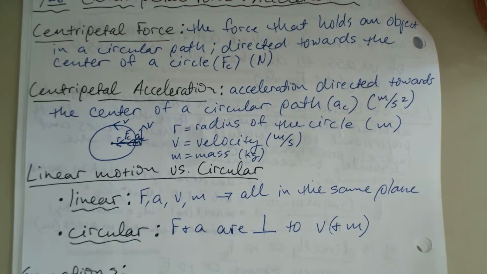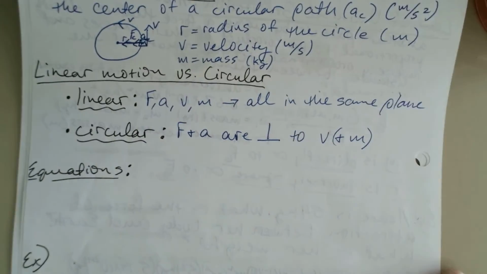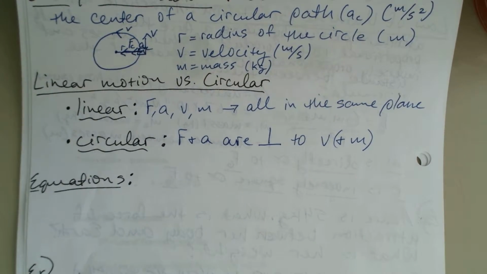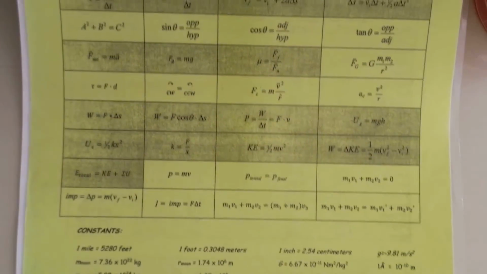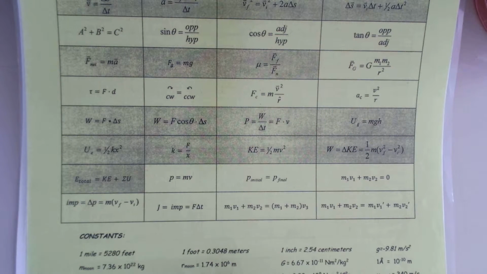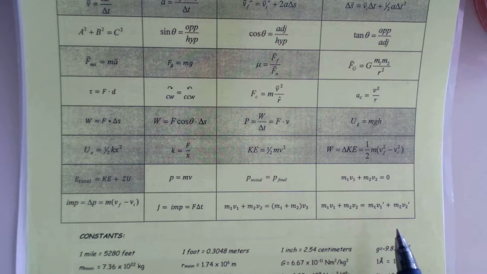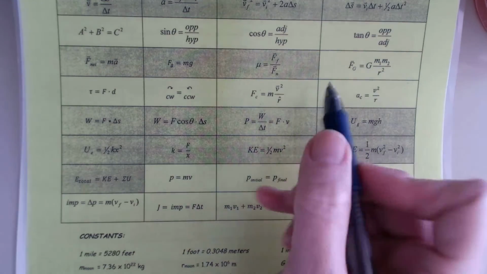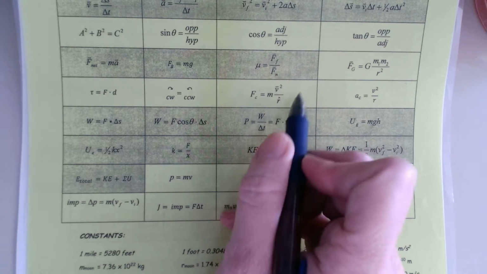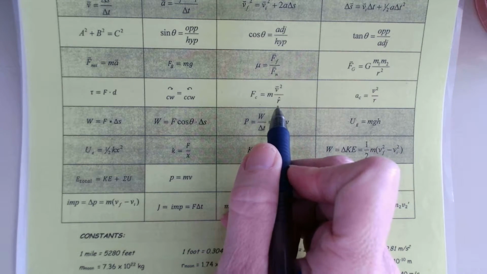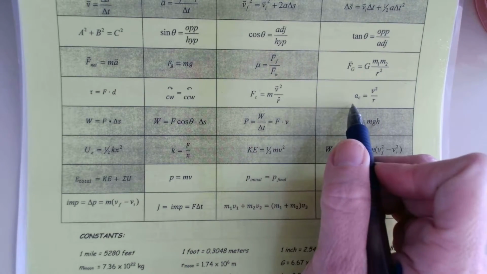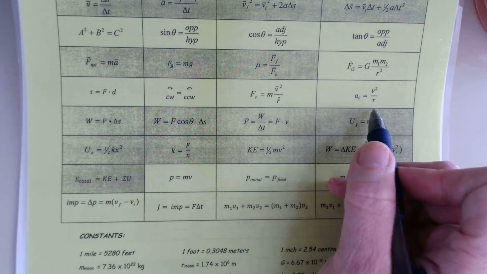All right, now what equations do we use? Okay, so you have an equation sheet. Your equation sheet has a few equations. Let's see. Trying to find the right one. We haven't done energy. Here it is. Okay. So Fc equals mv squared over r. That's centripetal force. And centripetal acceleration is v squared over r.